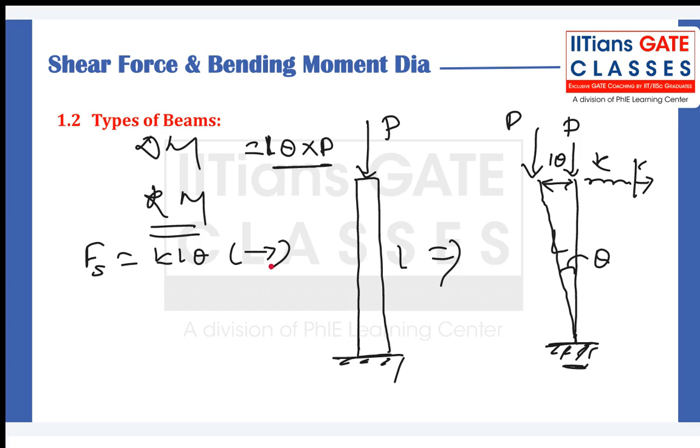Everybody agrees? So what is your restoring moment by idealization? It is K L square theta, right? This is Fs into length. Everybody agree or not?